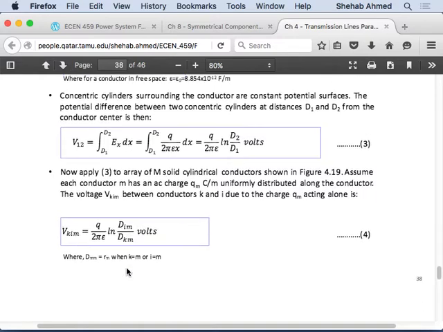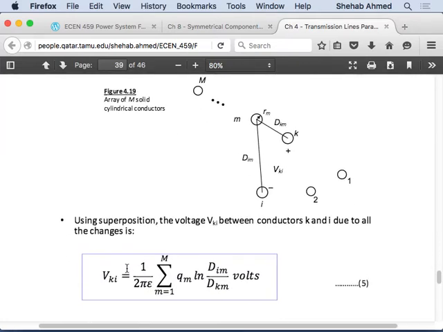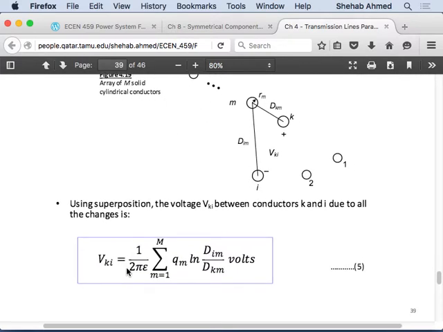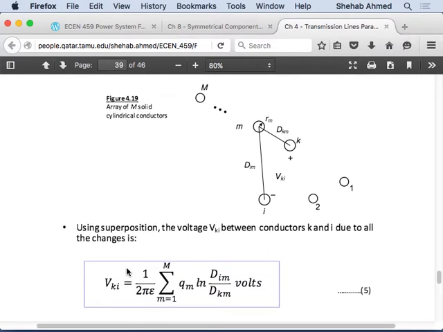Okay, let's apply the equation in an example. So we will create a summation where the voltage between conductors K and I is equal to 1 over 2 pi epsilon, the summation of charge on conductor M. So it's the voltage between two conductors due to any conductor in space.